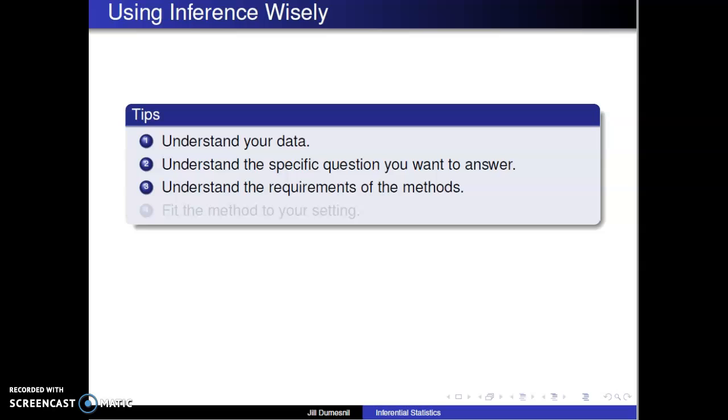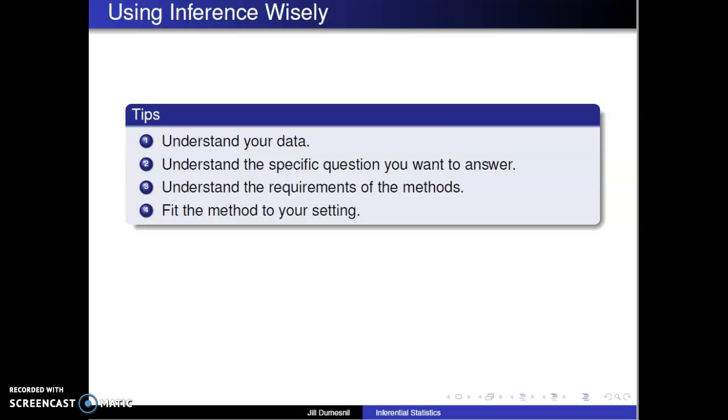You must also understand the specific requirements of the various methods. Essentially, the standard techniques require a simple random sample drawn from a normally distributed population. Finally, fit the method to your setting.